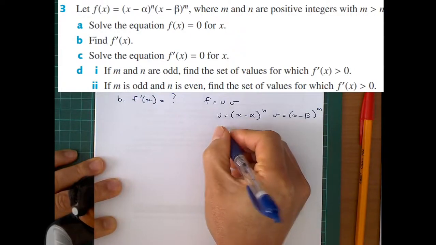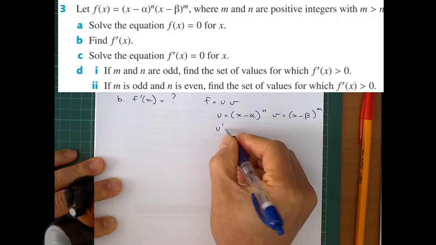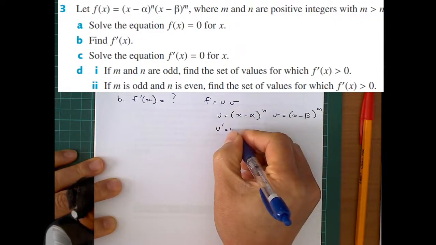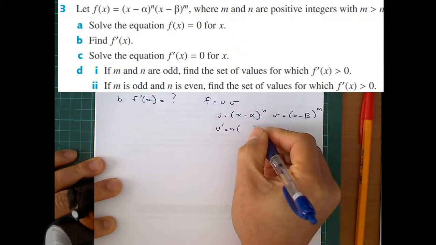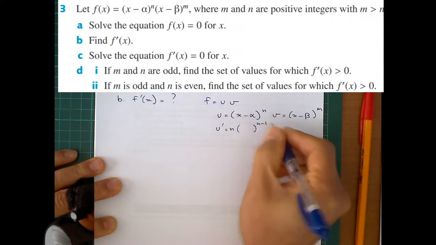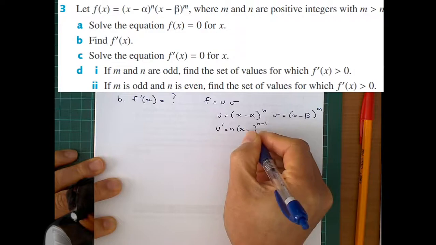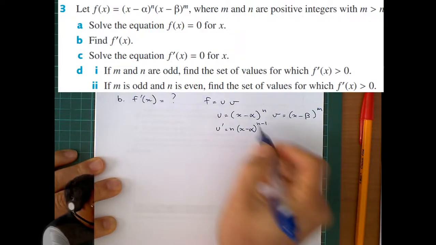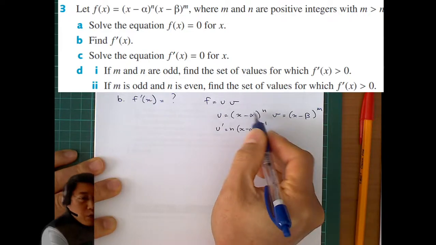So u prime is going to be the derivative of that polynomial, so it's n bracket to the power of n minus 1, and you substitute the inside by the expression, and you need to multiply by the derivative of that expression, which is 1.